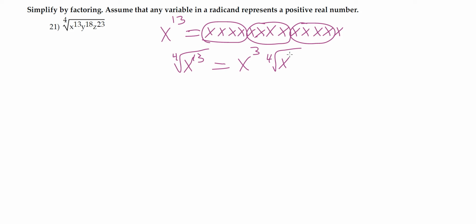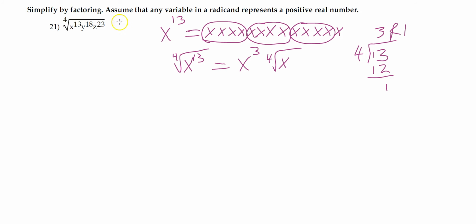Now, however, there's a shortcut. 4 goes into 13 3 times, remainder 1. This tells us that we can bring 3 of them out and 1 remainder in. Now with the instruction simplify by factoring, we do want to demonstrate that we're factoring.